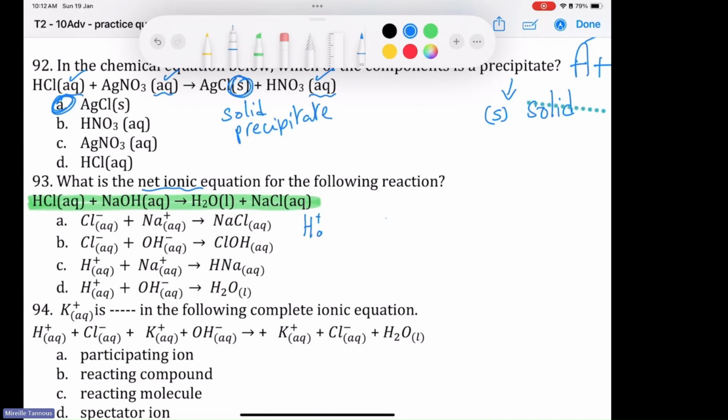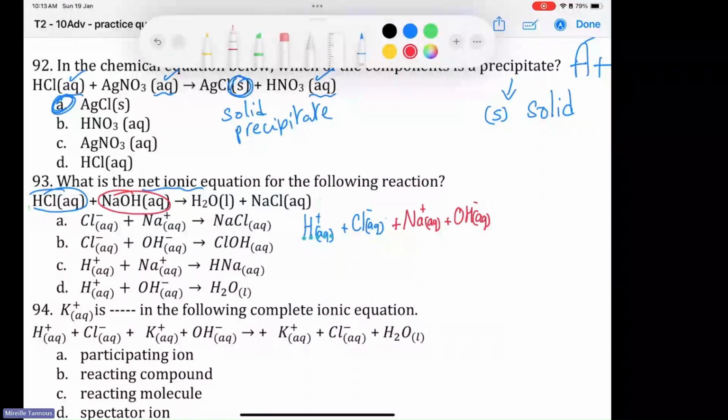So H plus, anything with a plus and a minus, I can also write next to it the aq. So I'm done with the first part. Now I'm going to split this one, the sodium and the hydroxide ion.